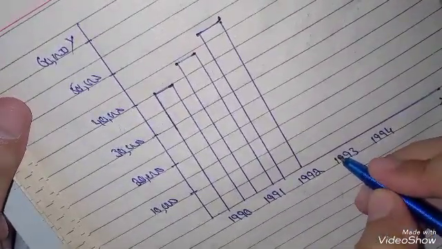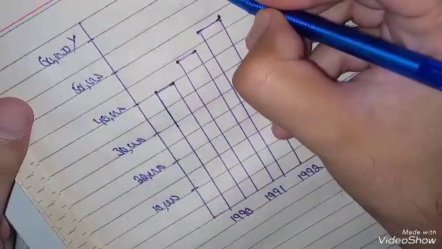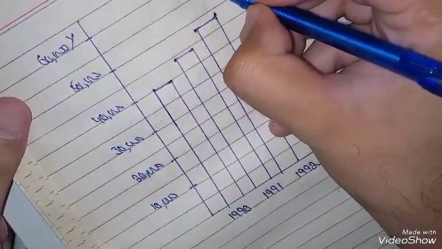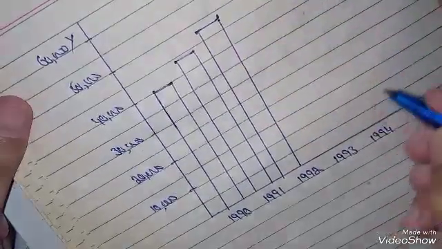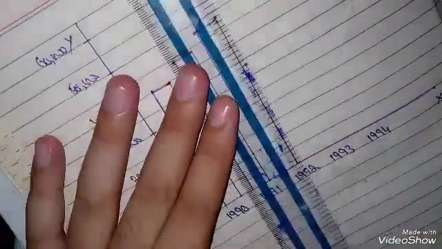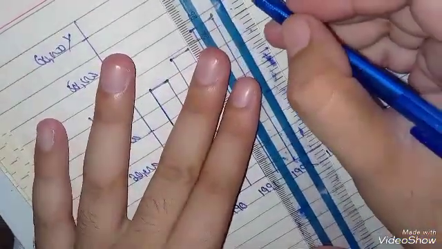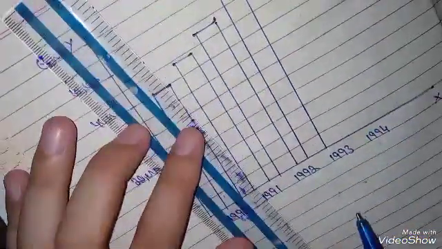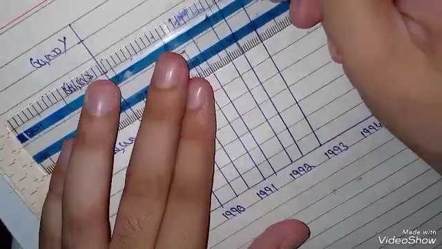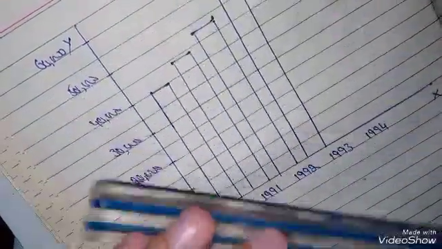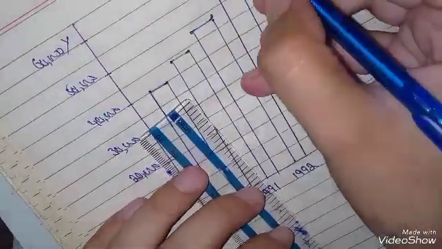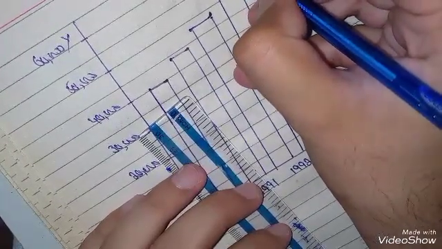So the 53 is here, and we have 57 for 1994 like this.